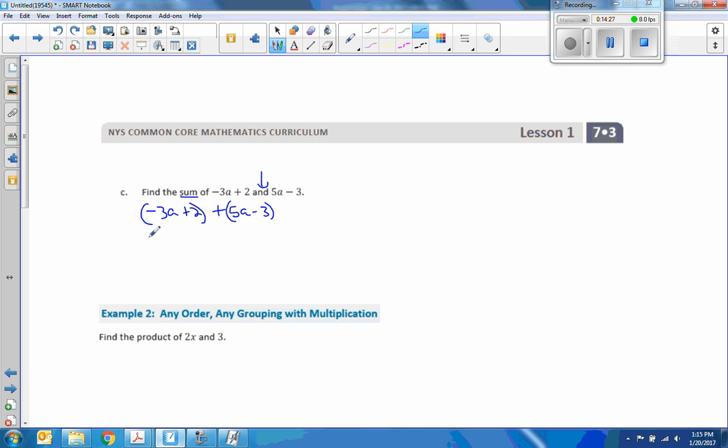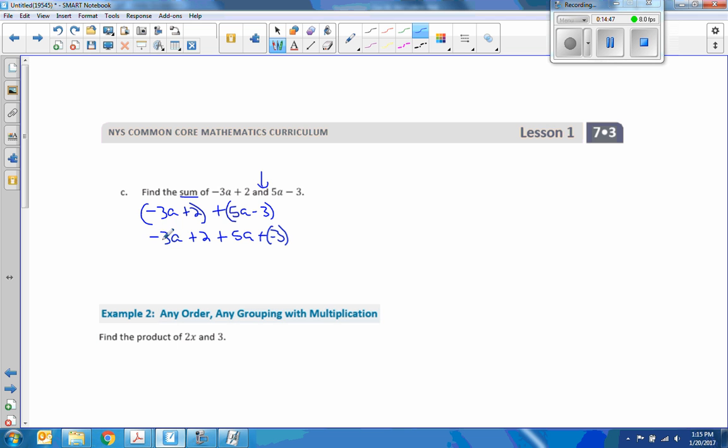So this is going to be negative 3a plus 2 plus 5a minus 3. If I wanted to change this to all addition, I would do plus a negative 3.